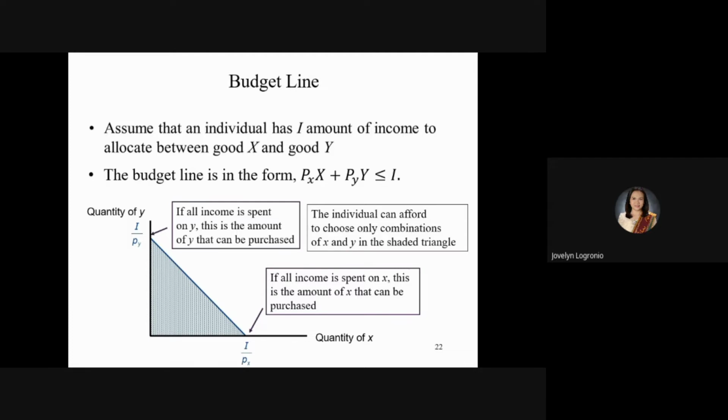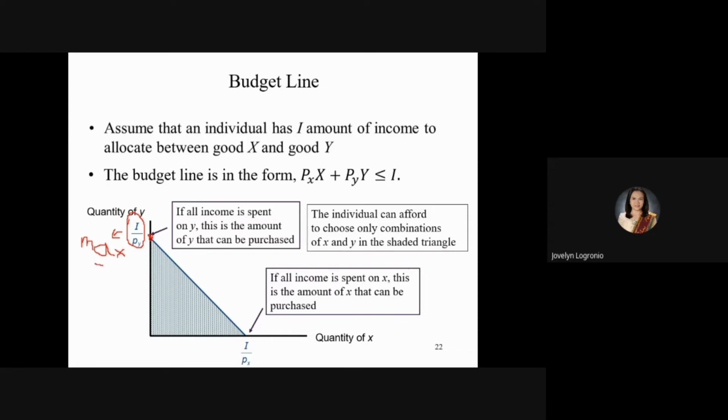There are two extreme points of the budget line. This point here is equal to income over the price of good Y. So, ibig sabihin, ito yung income over the price of good Y. That's the maximum number of Y na pwedeng ma-purchase ni consumer.